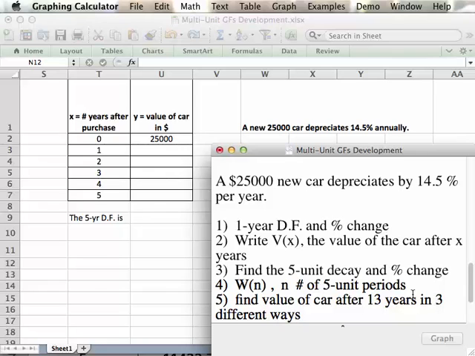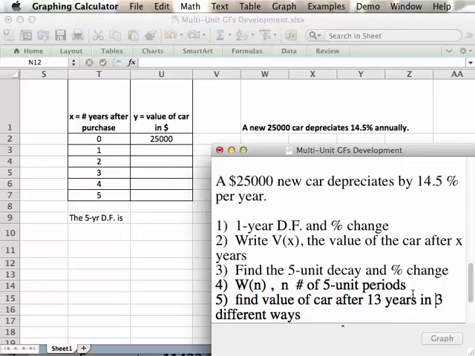What is the percent change? That's right. What's the percent change? It's not the percent change. Remember what the decay factor is.